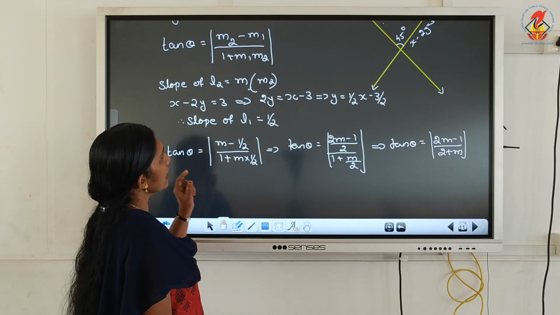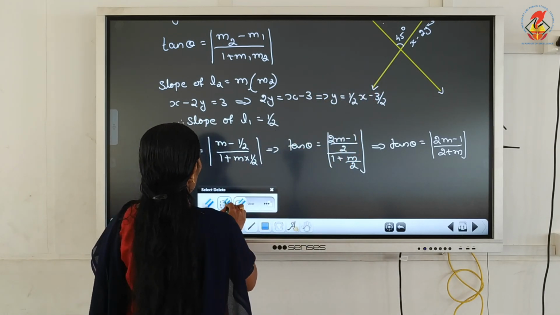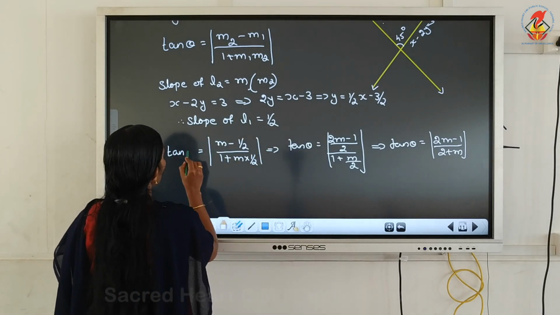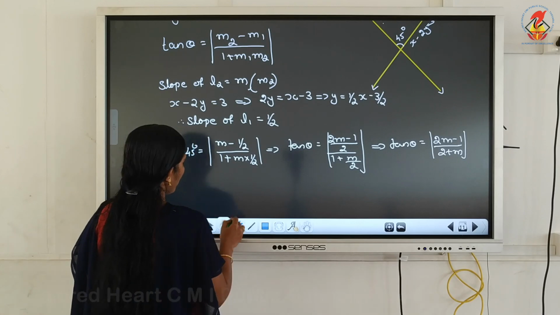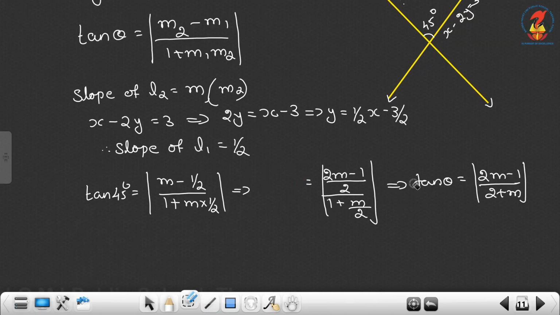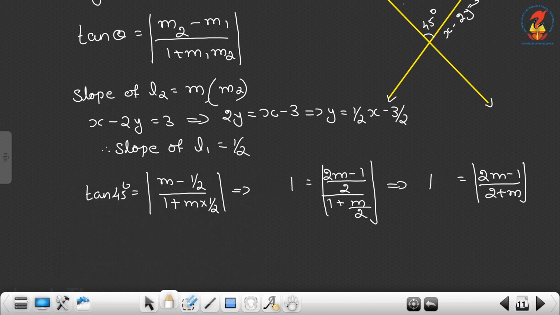Also, children, what is the theta value? Theta is 45 degrees. What is tan 45? Tan 45 is 1. So the left side is 1.